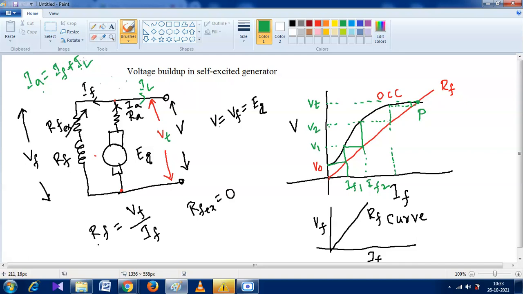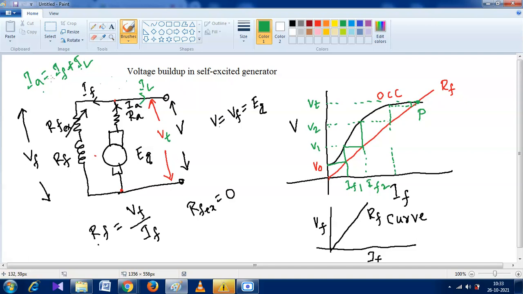Suppose we have a machine with a rated current of 40 ampere. At that time, the value of field current is 1 ampere or 2 ampere.